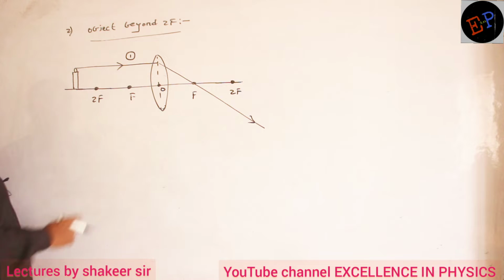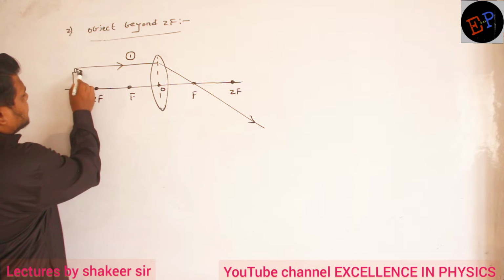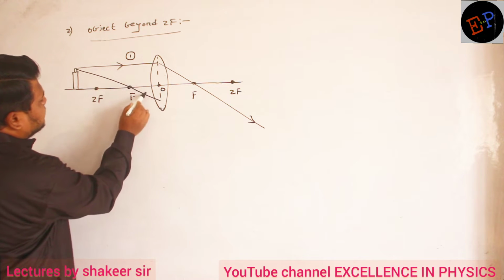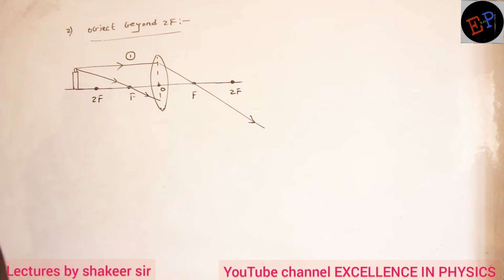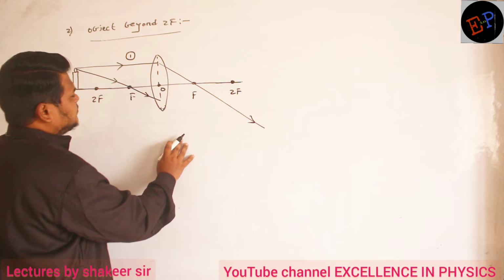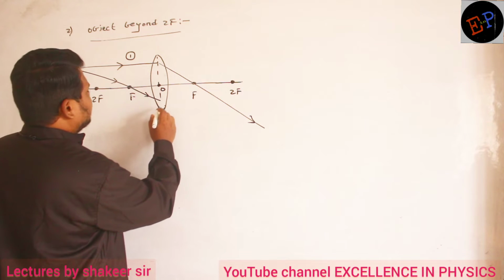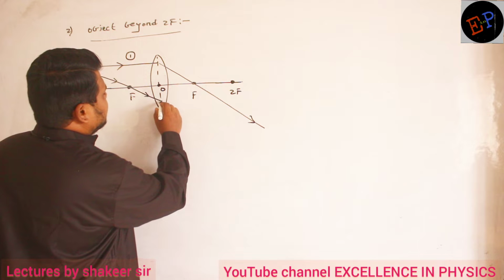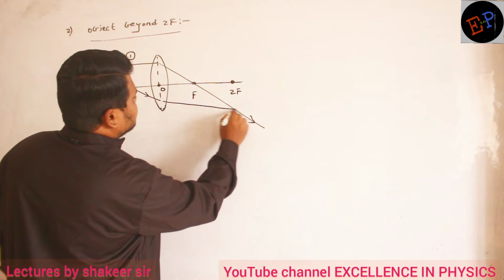Then I will draw one more light ray passing through the focus. Now after refraction, how should it behave? It should travel parallel to the principal axis like this.